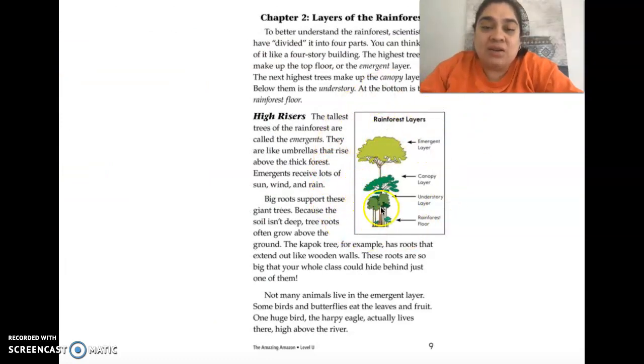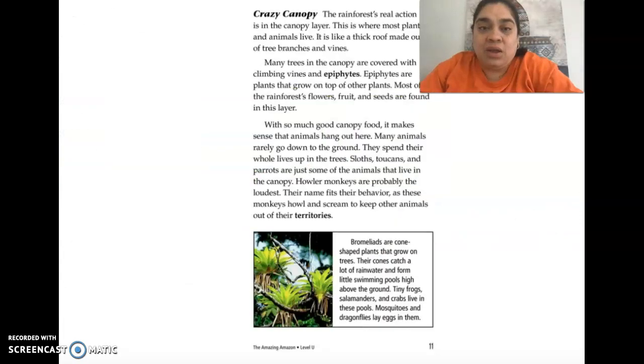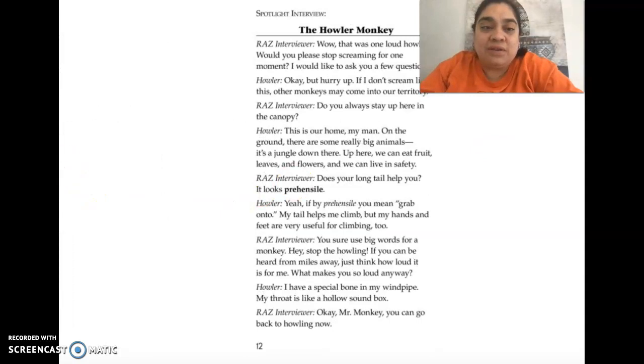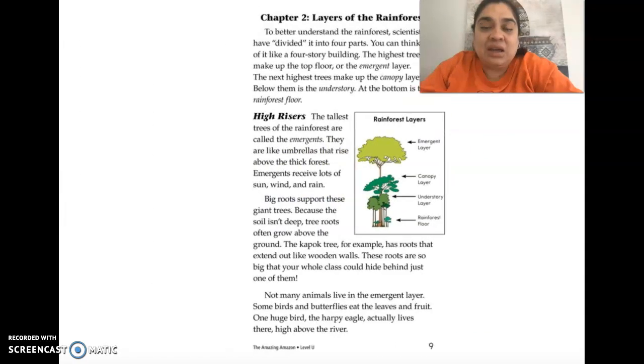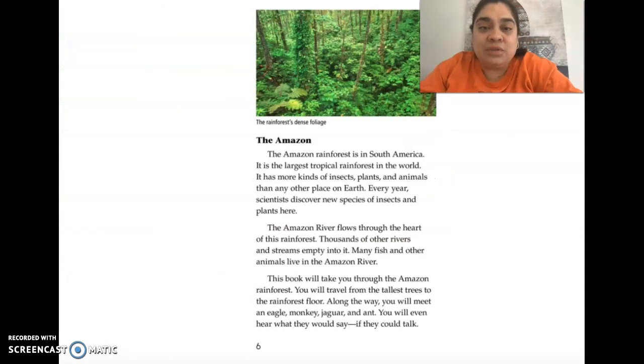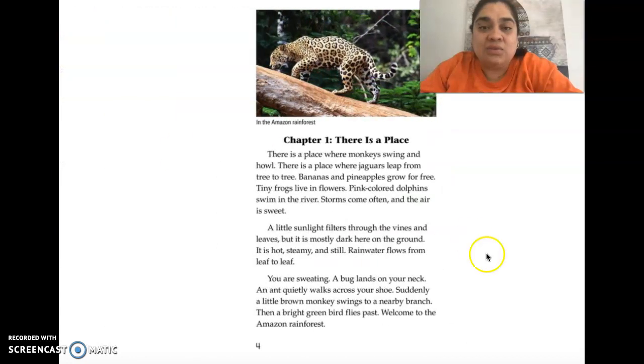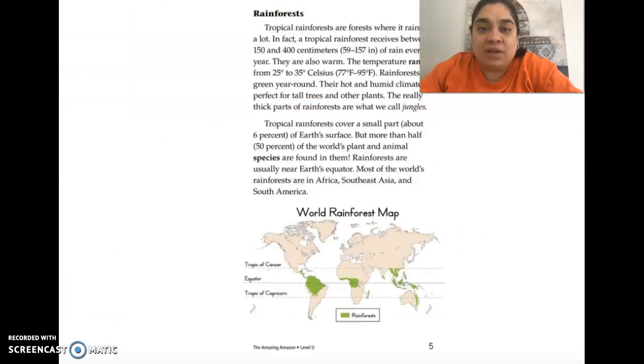You have the emergent layer, the canopy layer, the understory layer, and then you have the rainforest floor. As you keep going, you notice that it keeps showing different photographs.